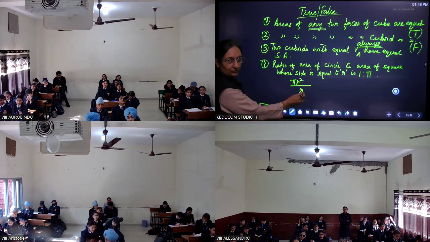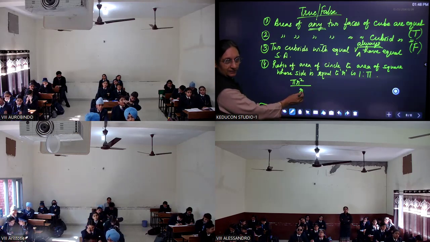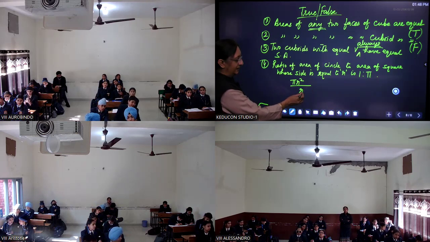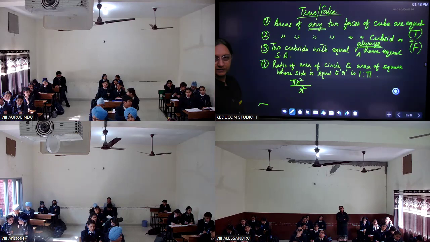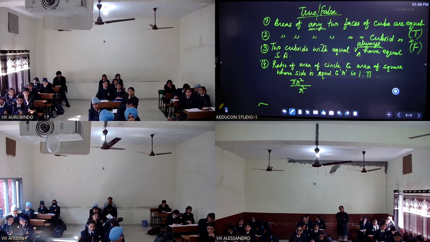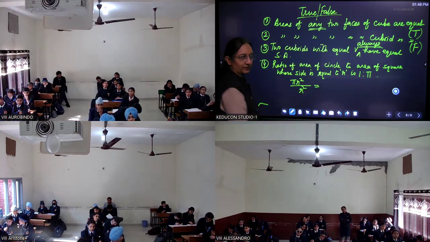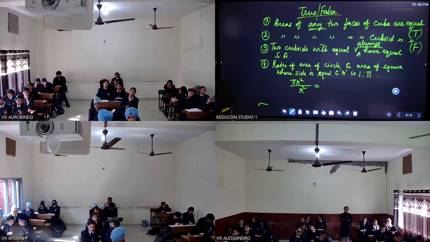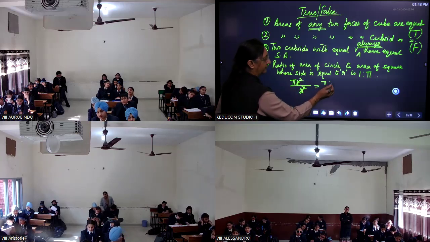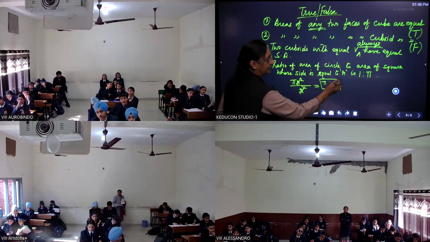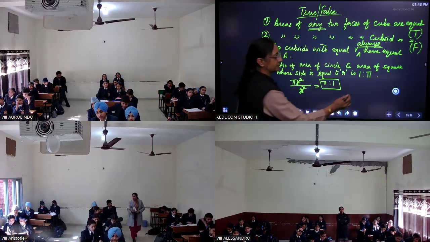Side square. What is the side? R. R square. Then what should the ratio be? R and R cancel, R square cancels, pi remains. Pi ratio 1 is coming, so this will be false.